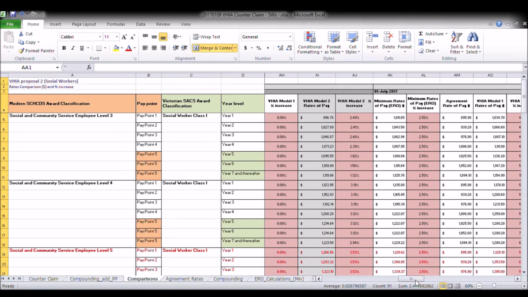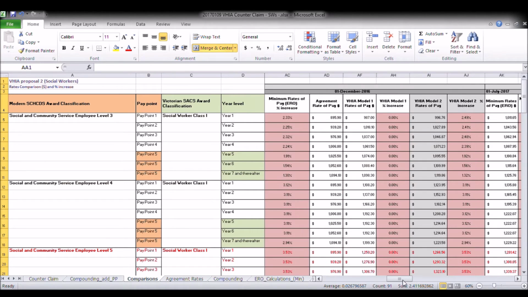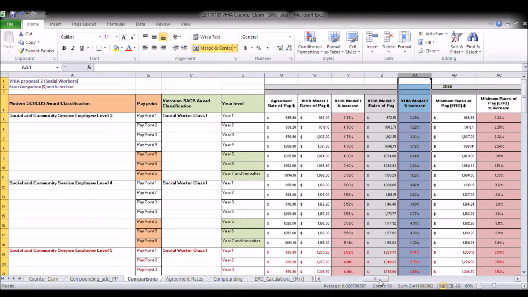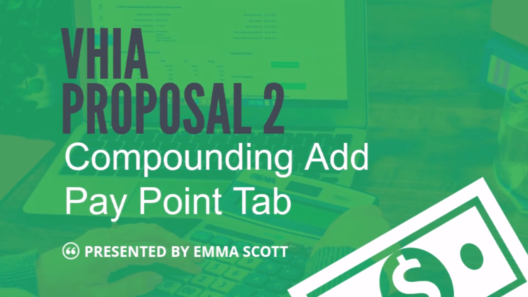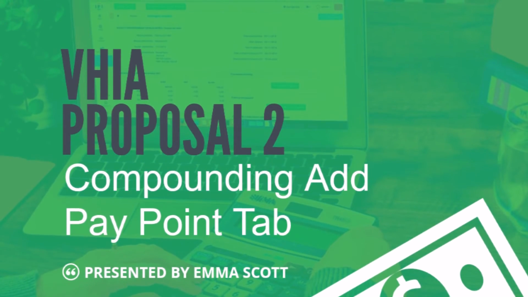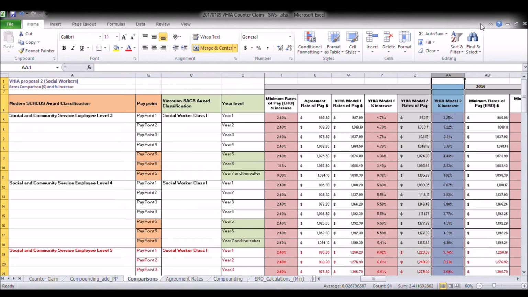Again, this is the same format as the ASU spreadsheet, just that what we are doing in this spreadsheet is really only comparing the minimum rate increases to both the VHIA Model 1 increase and the VHIA Model 2 increase. If your community health centre has costed the VHIA Proposal 2 and it is unaffordable, we are asking community health centres to amend the proposal to ascertain what elements they may be able to afford from the VHIA Proposal 2.